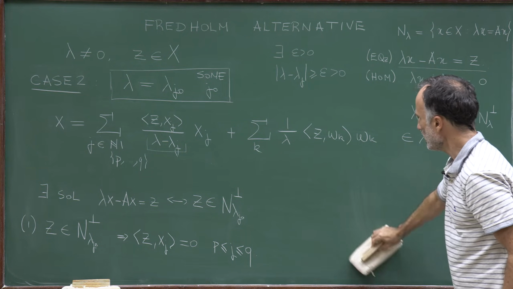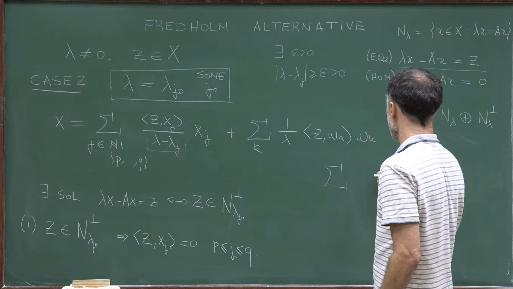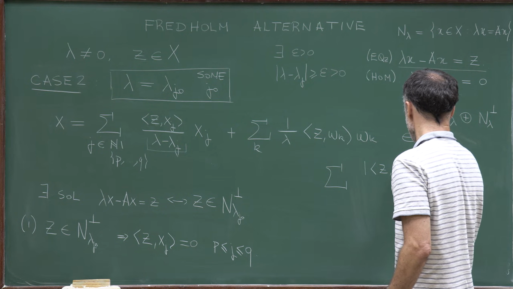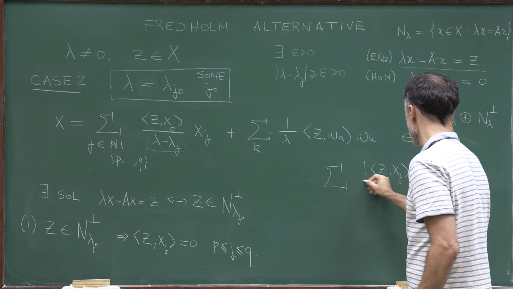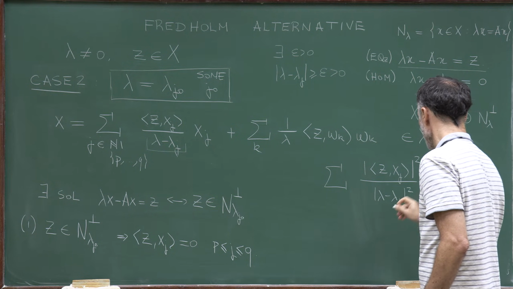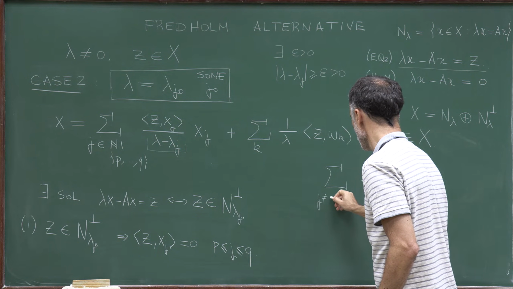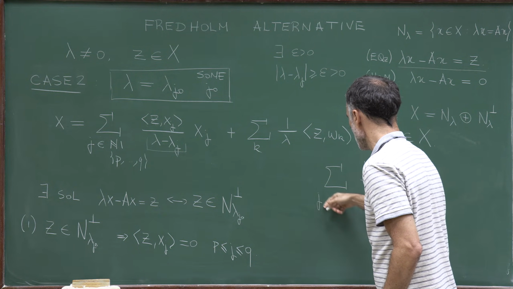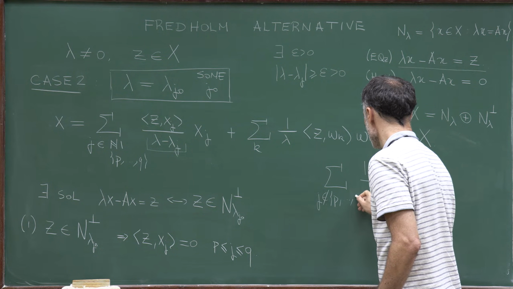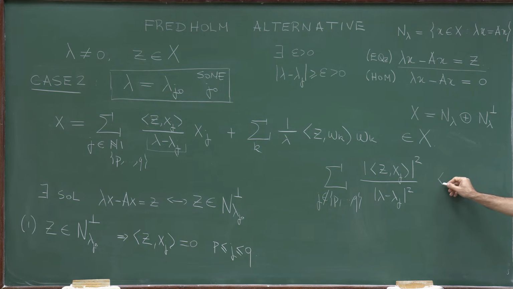And I have also to show that this sum is finite, so the sum over j, which does not belong from p to q, is finite.